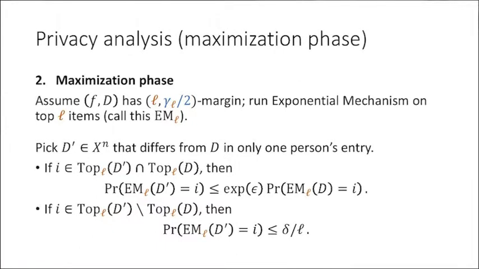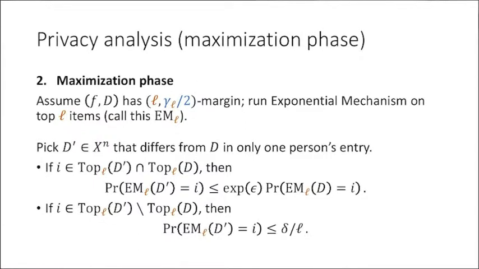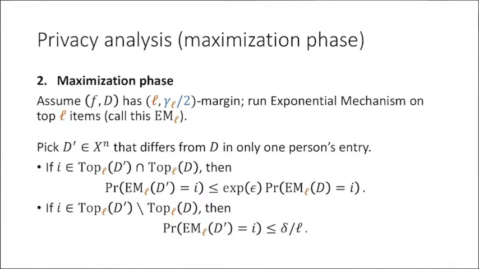If it was only in the top L for one of the data sets, but not the neighboring one, then that item has to be far from the best one in some sense. So the chance that you would have outputted that under one of the data sets is going to be small, something like delta over L. And this is just because of the large margin that exists in the data set.